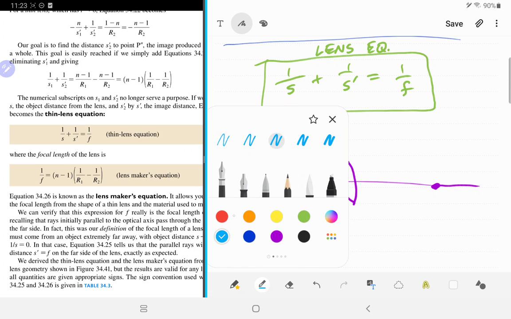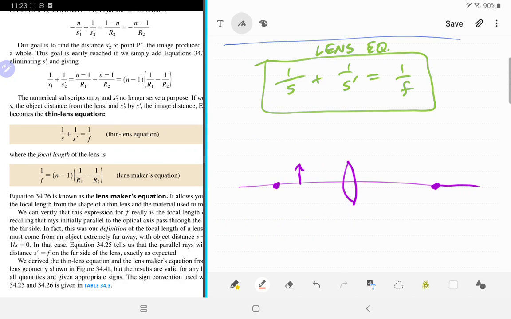The answer is that you have one light ray that is parallel and goes towards the focus because we have a converging lens. And then we have another one that passes straight through the center there. I drew this a little small, so this is actually hard to see.